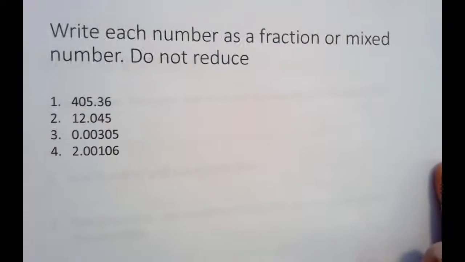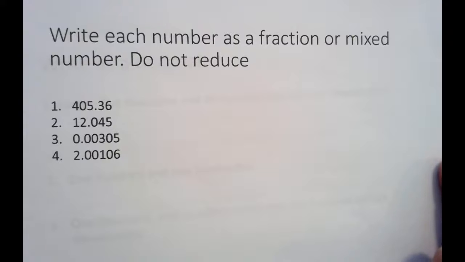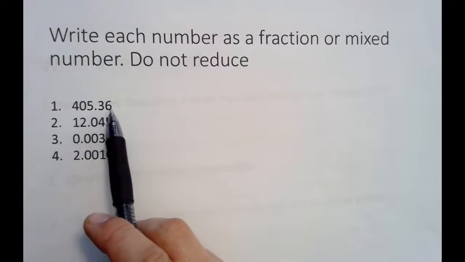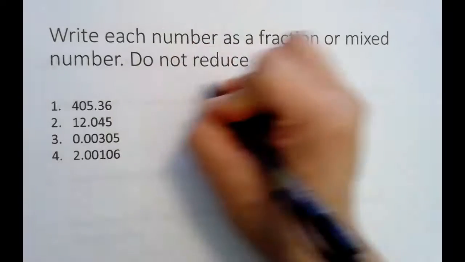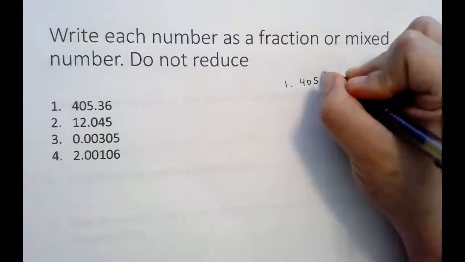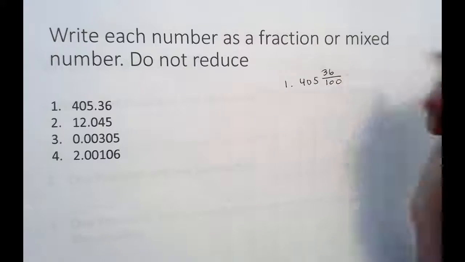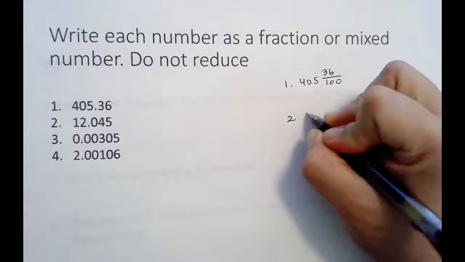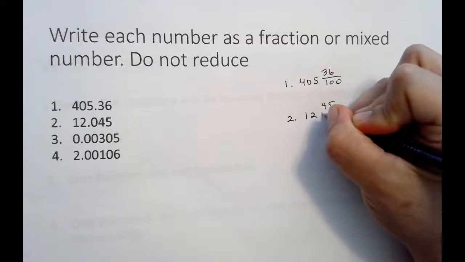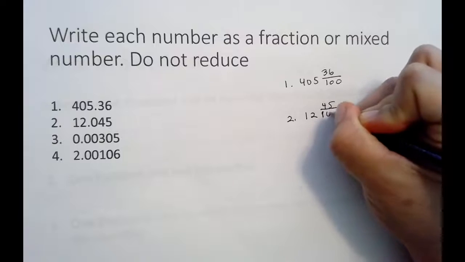Okay, so now let's write each number as a fraction or mixed number, do not reduce. So number 1 would be 405 and 36 hundredths. Number 2 would be 12 and 45 thousandths, 45 over 1,000.